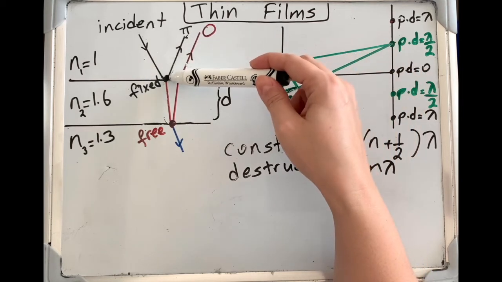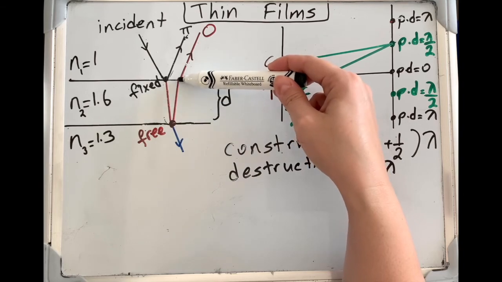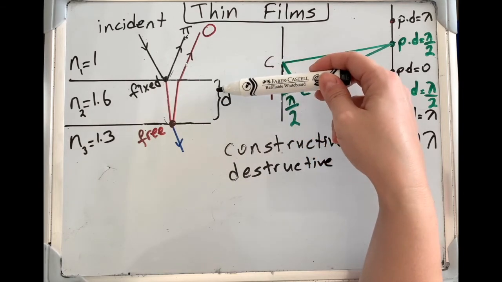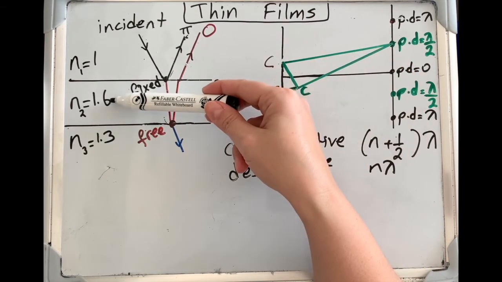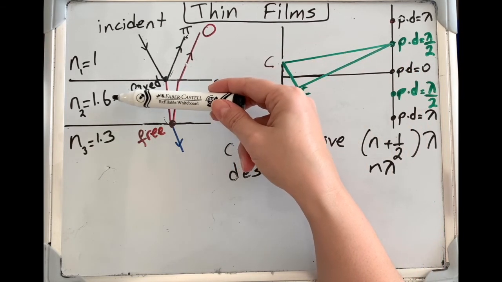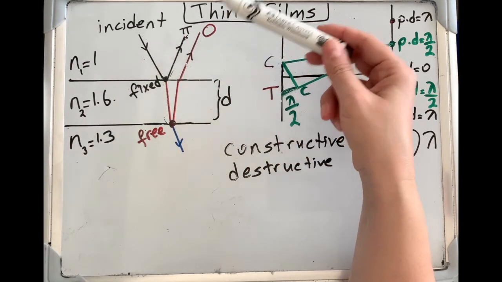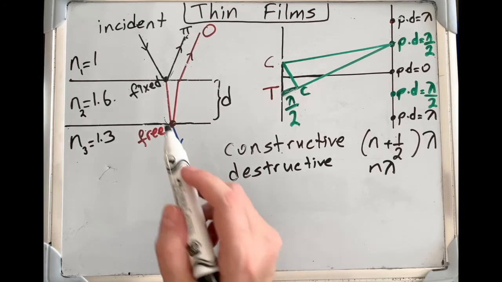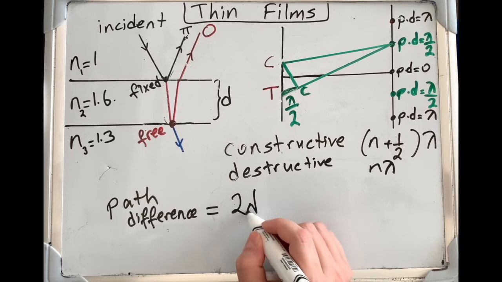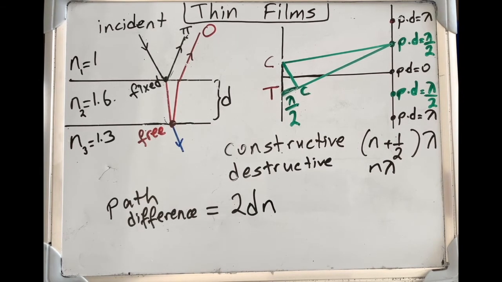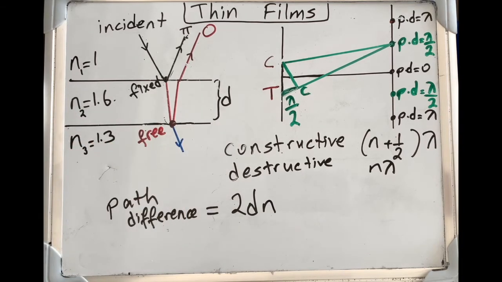So the distance traveled by this first one, by the time the red one reaches the top, is going to be more than 2d. It will actually be 2d times the factor of n, because that's the factor the black ray is moving faster by. So we're going to write the path difference as 2d multiplied by a factor of n being the medium which this red ray is traveling in.